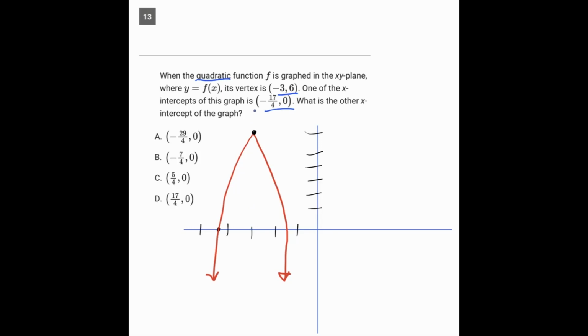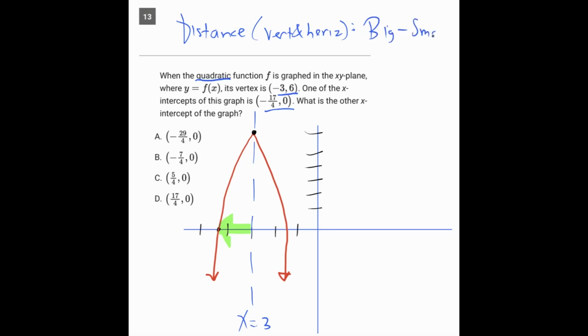So let's just draw a little dotted line here. That's x equals -3. And let's find the distance from here to here. Now, an easy way to find distance when you're vertical or horizontal is to simply subtract the big number minus the small number.